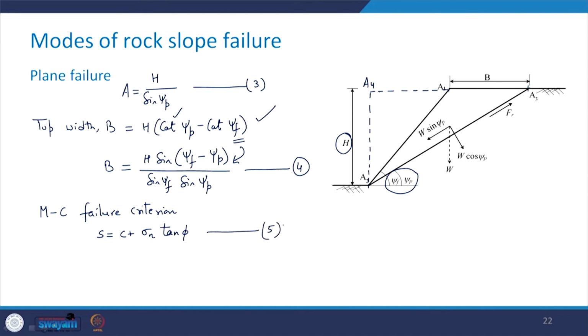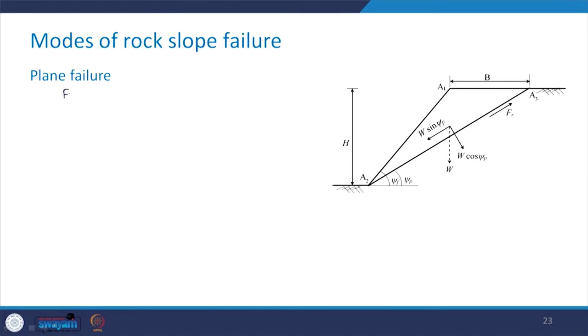This equation is going to be equation number 5, where this sigma n is the normal stress on the failure plane. What is the failure plane here? It is A2, A3.